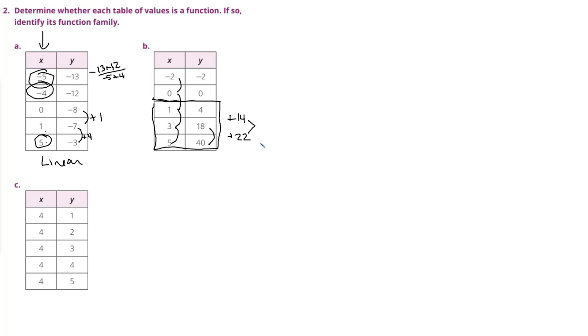But if I was to go out to the next change, which is a difference of 2, here's another difference of 2. And so you'll look and see that we have constantly been changing out here, and the next change is going to be consistent.